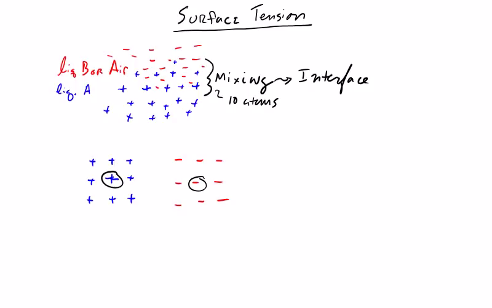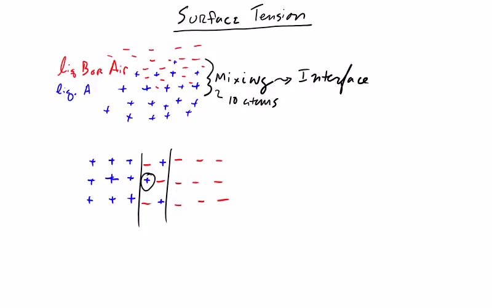But in our mixed region, in this mixing region, the molecule here, let's just take this guy here, he's surrounded somewhat by his own pluses, and somewhat by minuses, and that's not good. Energetically, this guy is unhappy because he's not surrounded by all pluses.